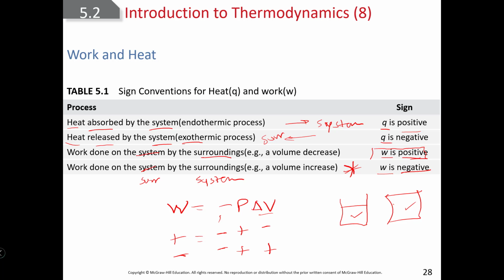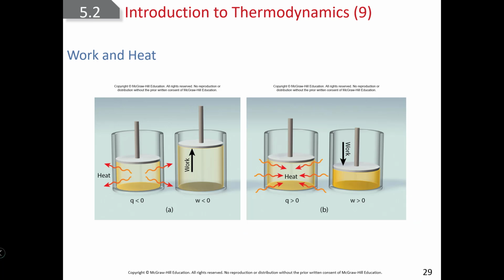Really important table. I mean, this all really comes down to, why do you need to know this? Because the equation we're working with here is the internal energy of the system is equal to the heat and the work done by the system or on the system. So again, let's look at it graphically. If you see heat leaving the system, Q is a negative value.